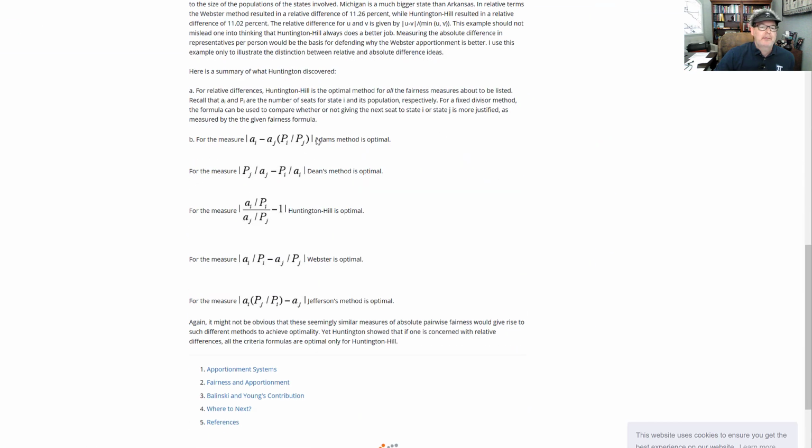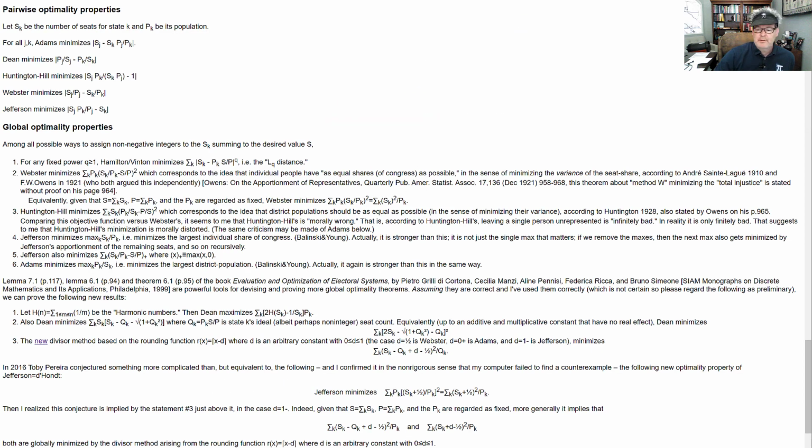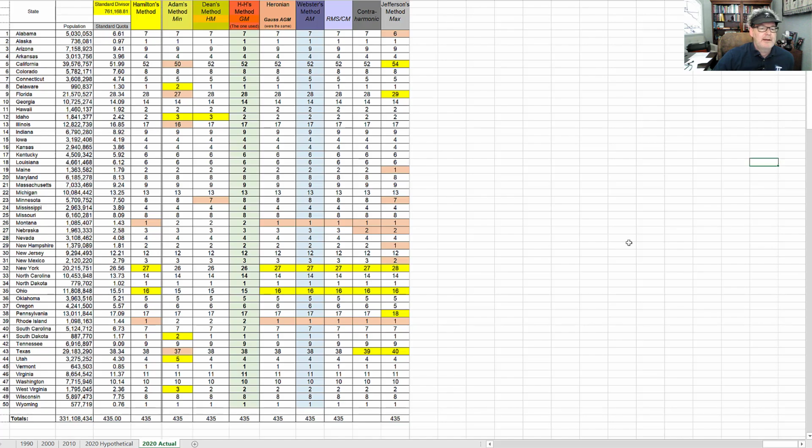And again, these are some of the properties that the divisor methods minimize. We looked at those already. But they talk about pairwise. So let's look at that.